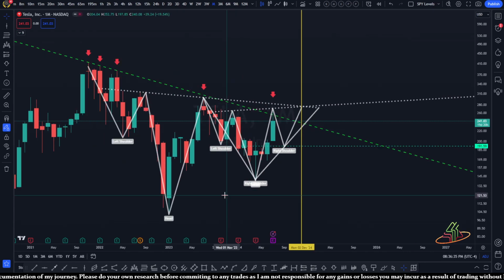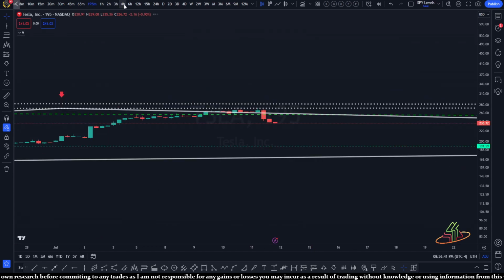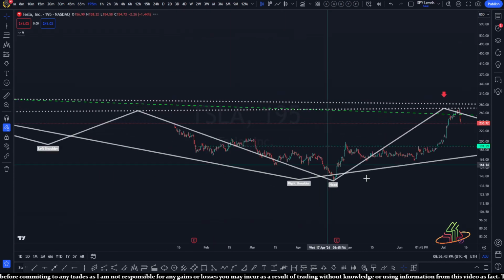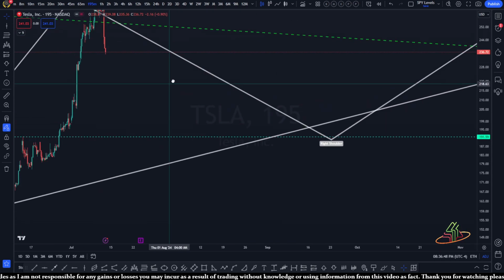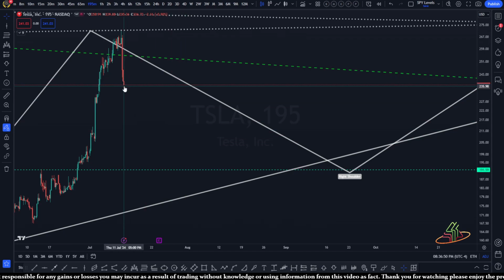So as far as right now goes in the moment, Tesla, in my opinion, is about to make the move all the way back down to here to play the right shoulder.